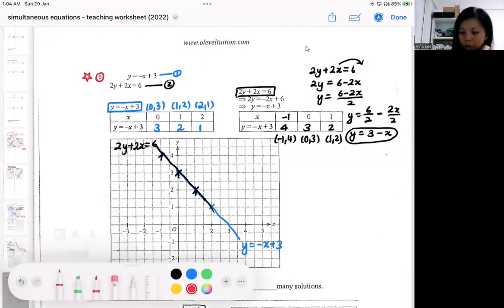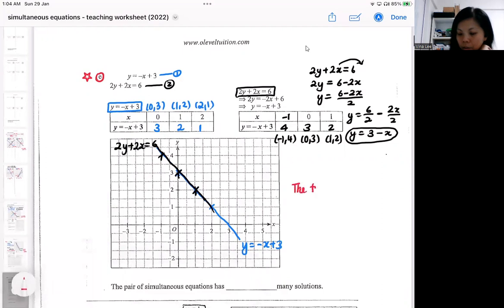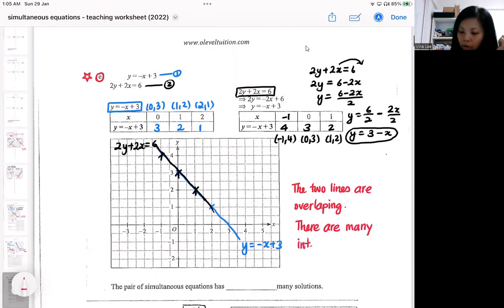So the two equations, the two lines are overlapping. So when the two lines are overlapping, there are many intersections. So there are many meeting points. There are many intersection coordinates. That means they can meet here, they can meet here, they can meet here.